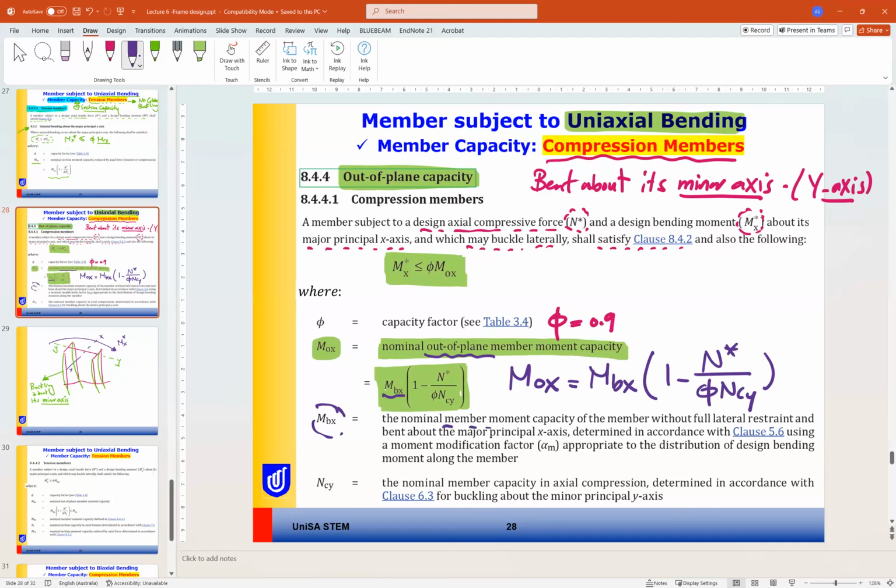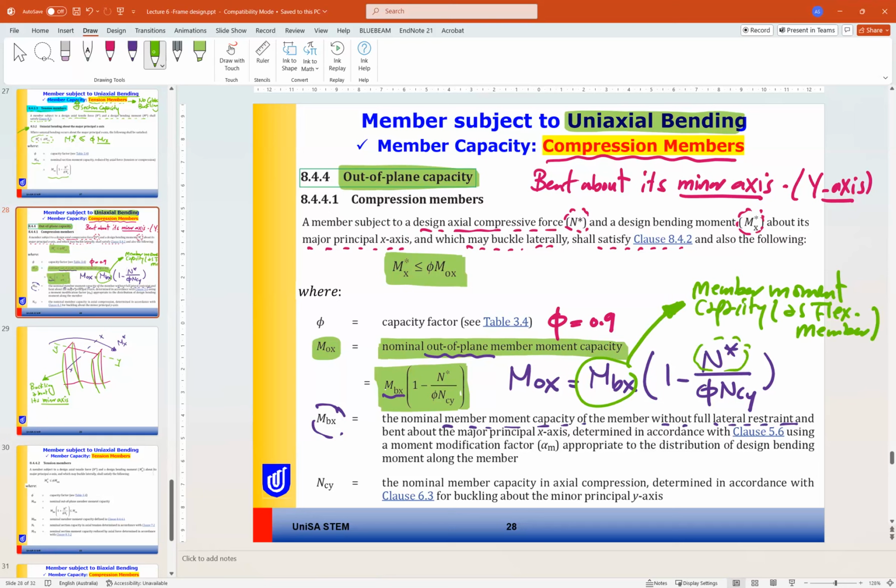Mbx is the nominal member capacity without full lateral restraint. So Mbx, we found earlier as the member moment capacity of a flexural member. Okay, N* is the design axial force. Ncy, what is Ncy?